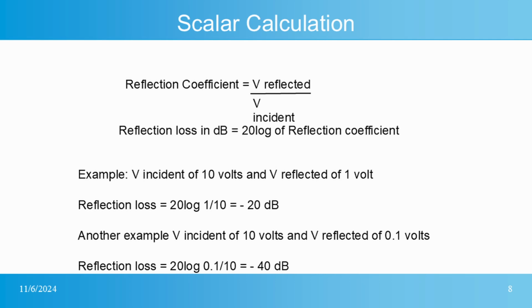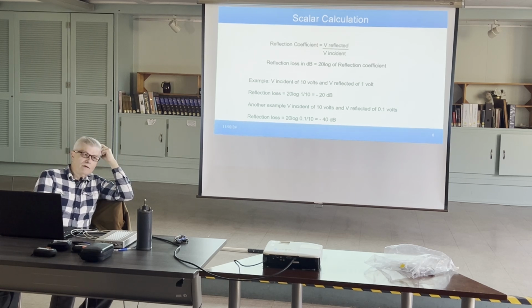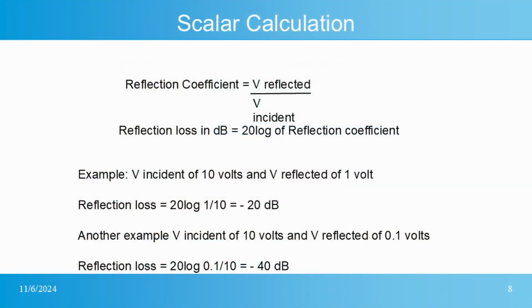So reflection loss, which is what we will measure with the VNA, in decibels is 20 log of the reflection coefficient. An example here is a V incident of 10 volts and a reflected of 1 volt. So that's a minus 20 dB reflection loss, which isn't terrible, but it's not great either. That's probably a VSWR of maybe 1.3, something like that.